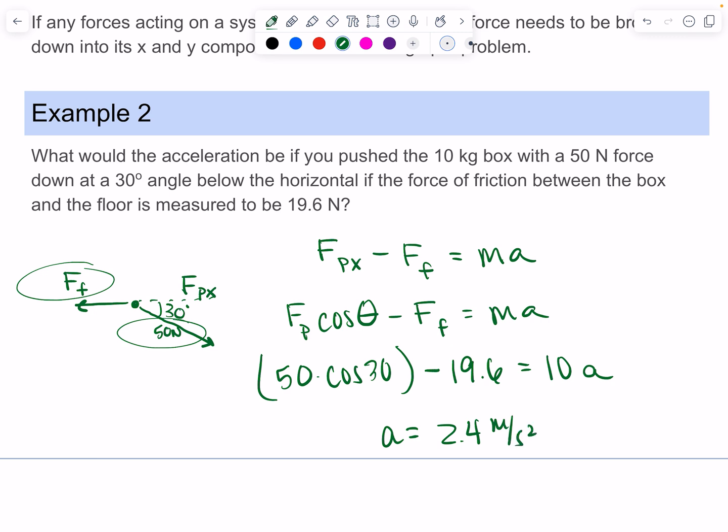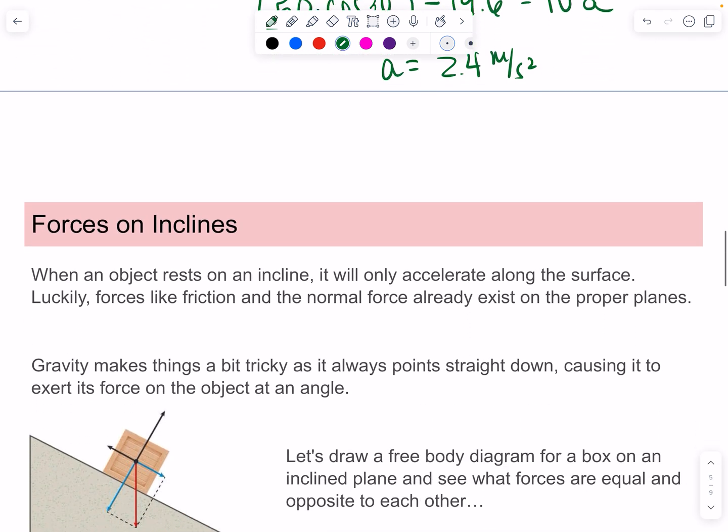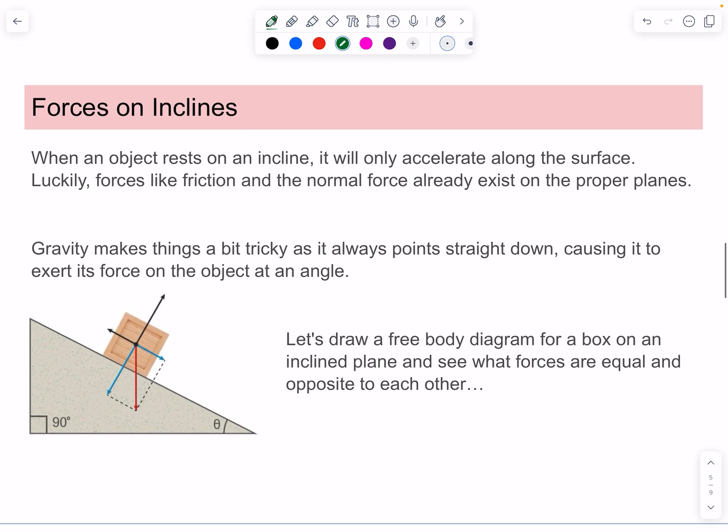All right, so now let's look at an object resting on an actual incline. When an object rests on an incline, it will only accelerate along the surface.